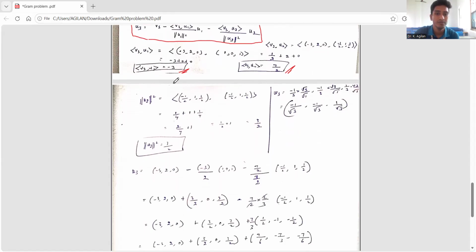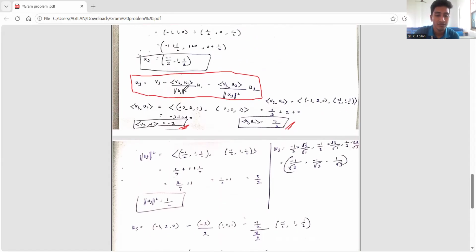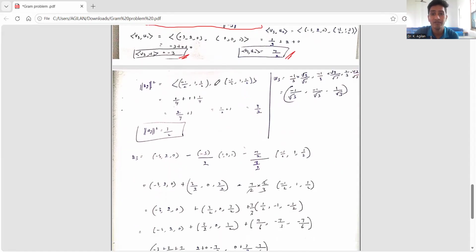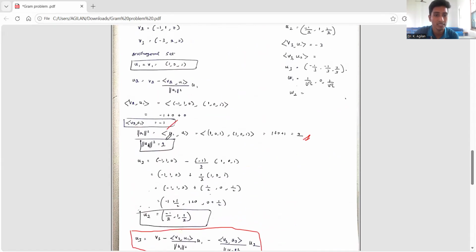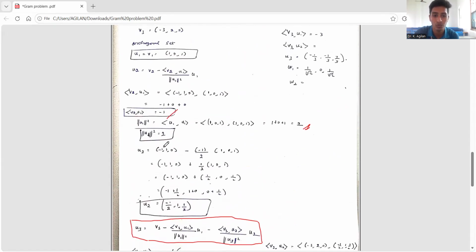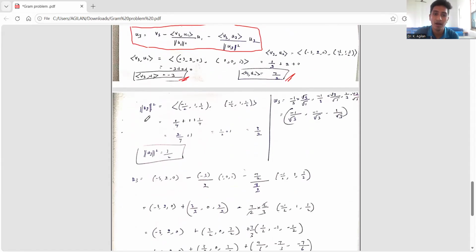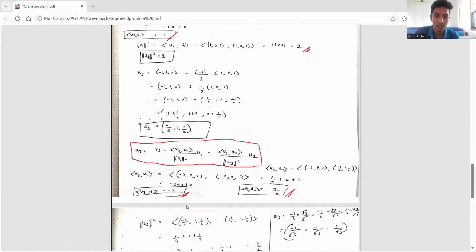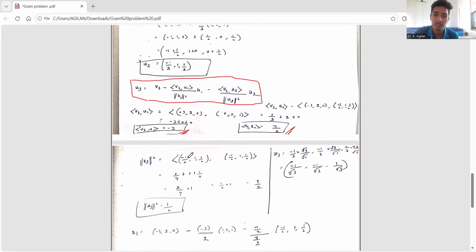Fine. Next, we need to find the norm of U1 square and the norm of U2 square, right? The norm of U1 square we already found, and it is nothing but 2. Similarly, we need to find the norm of U2 square. What is the U2 value? Minus 1 by 2, comma 1, comma 1 by 2. So substitute this value for U2.